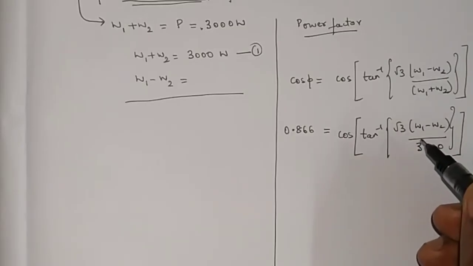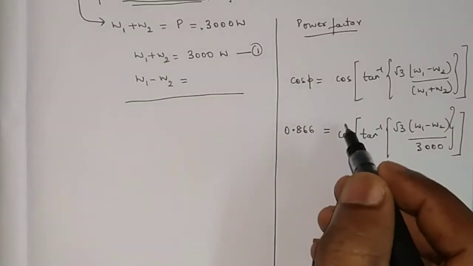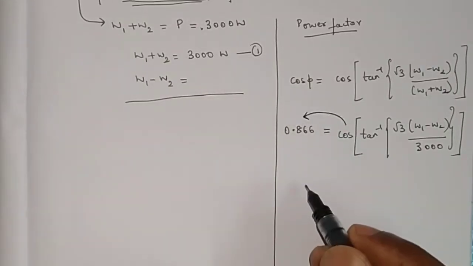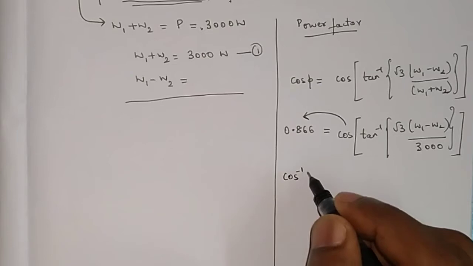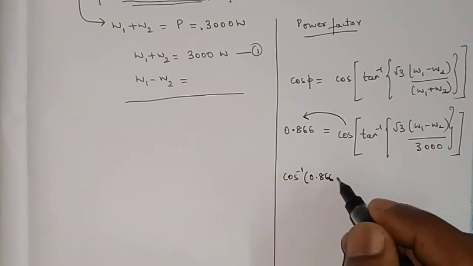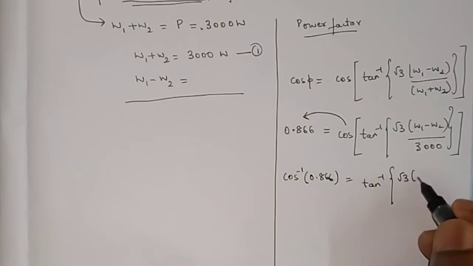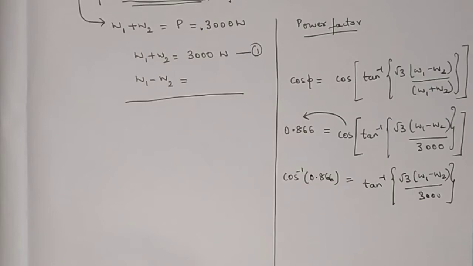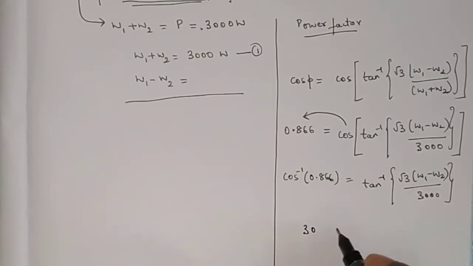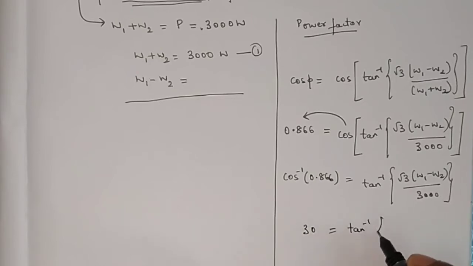Now I need to simplify this to find the equation for W1 minus W2. We'll simplify step by step. It is very easy. First, take the cos to the left side, so it becomes cos inverse of 0.866 equal to tan inverse of root 3 (W1 minus W2) divided by 3000. Now cos inverse of 0.866 is 30, which is equal to tan inverse of root 3 (W1 minus W2) divided by 3000.